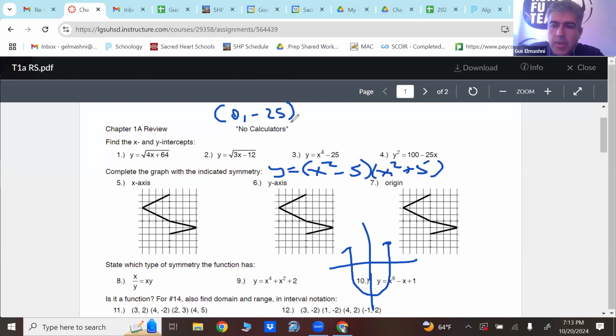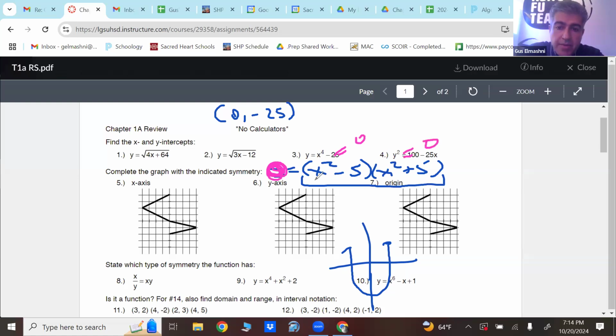Now, taking a look over here, what do you think the x-intercepts are going to be, now that I have it factored? So remember, you want y to be 0. So either this has to be 0 or this has to be 0.